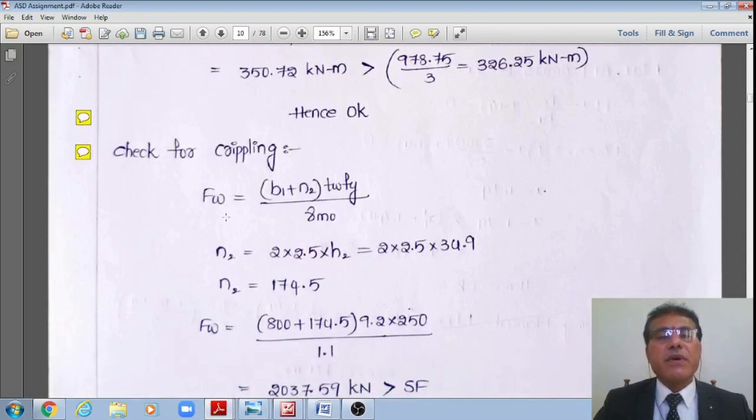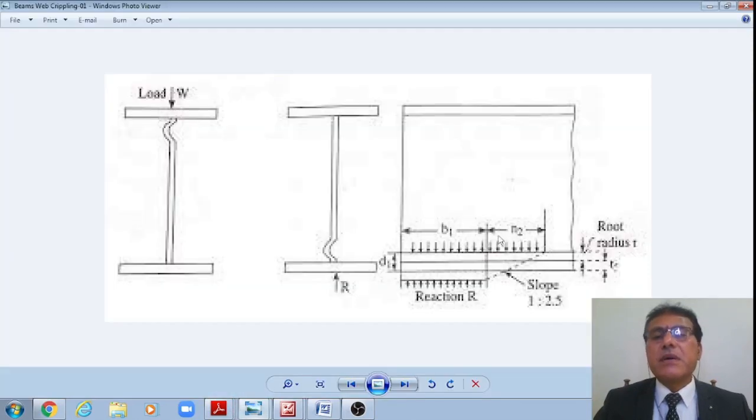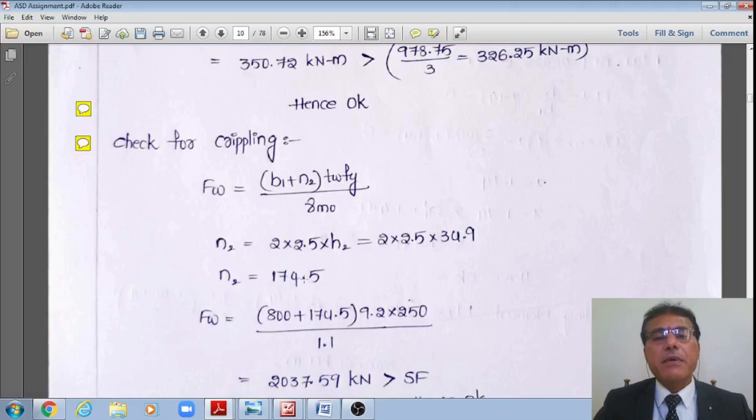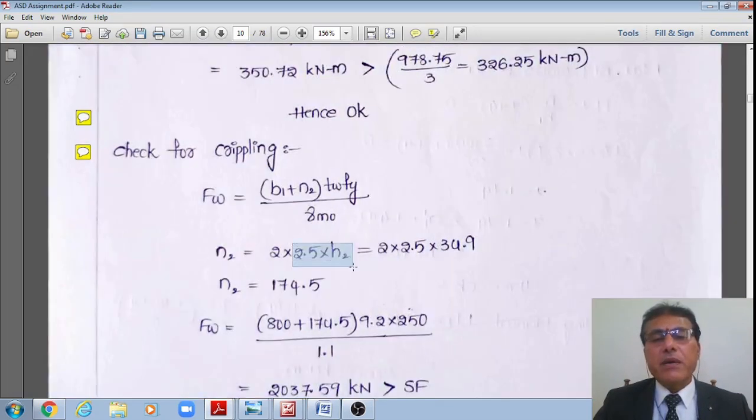The same formula I have written, where N2, as I already explained, is like this. N2 is nothing but the thickness of the flange plus the root radius, or this itself is H2, multiplied by 2.5.